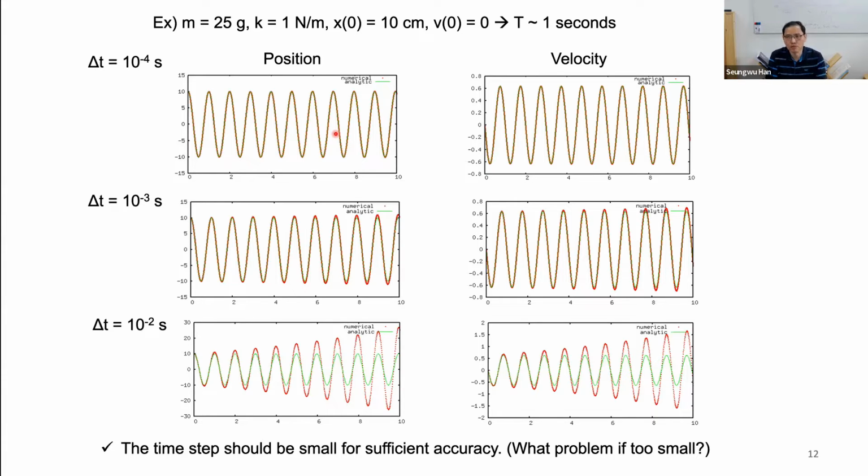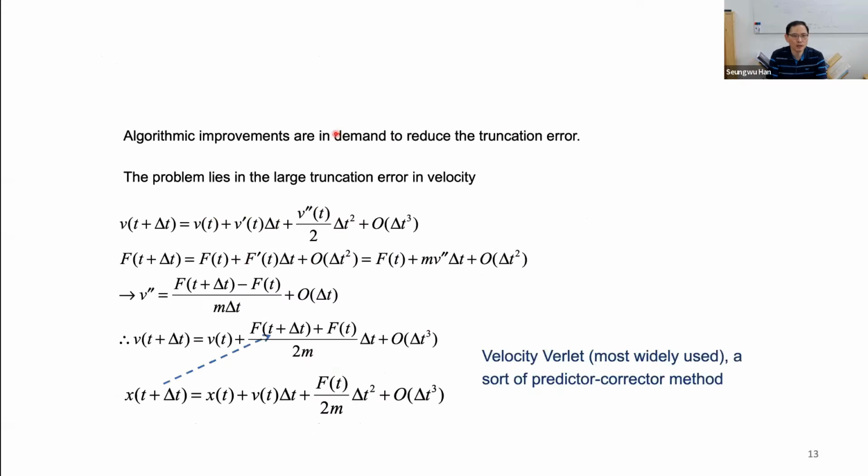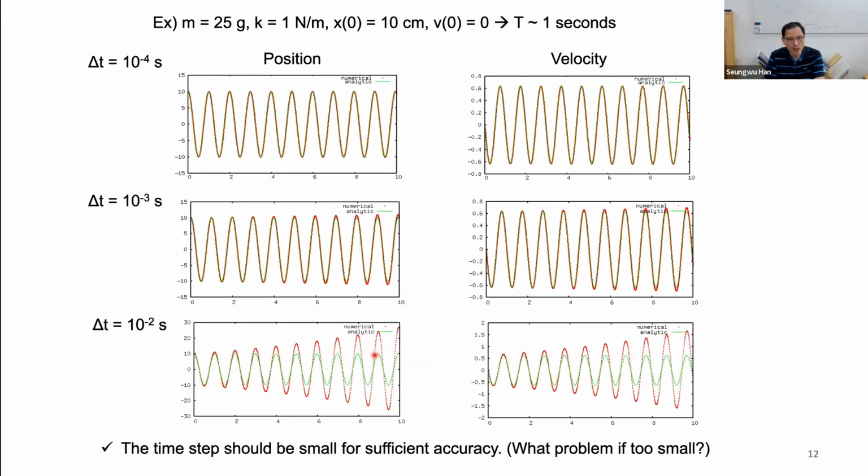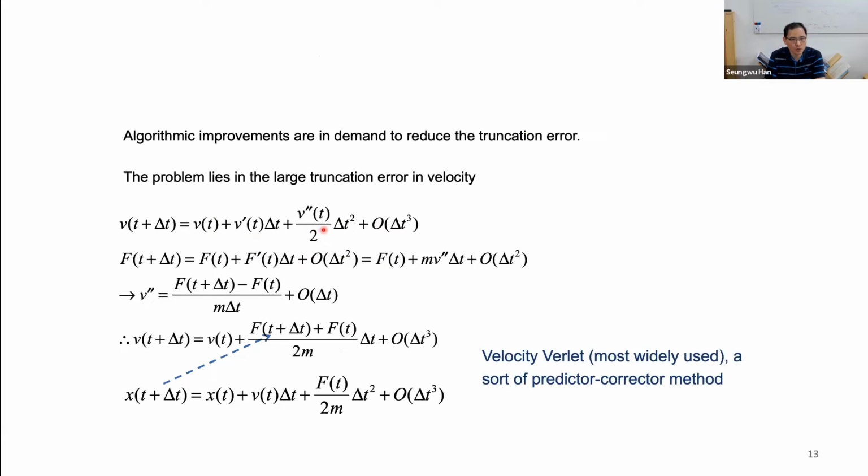But this is too small, and the large error actually comes from the velocity, because in the case of the velocity, the truncation error was one order higher than the position. Therefore, we needed to do something more for the velocity, and we expand one more term with the second derivative of the velocity, which corresponds to the derivative of the force.